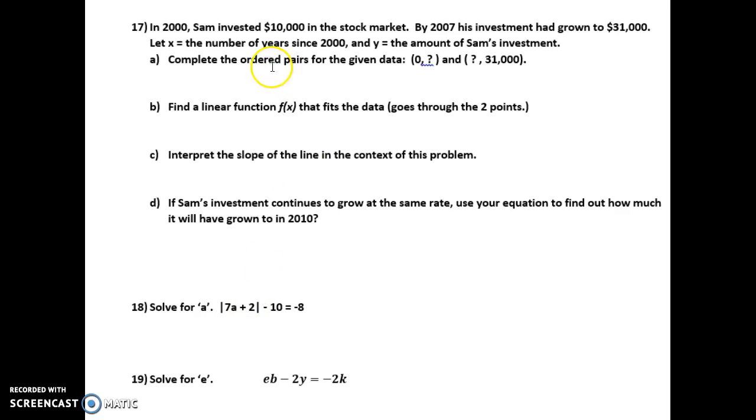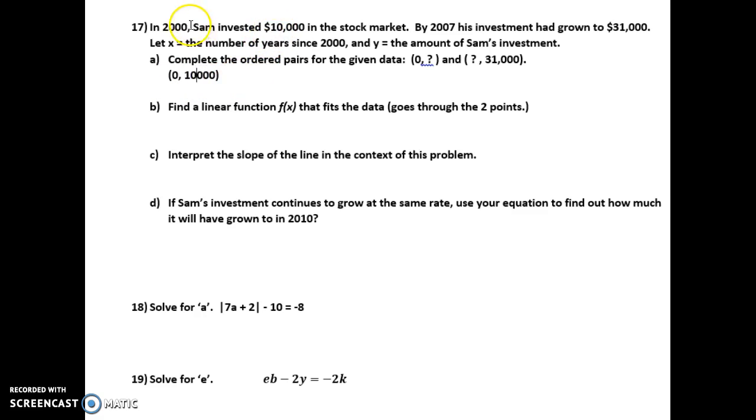In number 7 here, it's an investment situation. Complete the ordered pairs for the given data. So if the x value is 0, x is the number of years since 2000. So it's been 0 years since 2000. What's the y value? Y is the amount of his investment. Well, how much did he have initially in the year 2000? It's just that $10,000 because his investment just started.